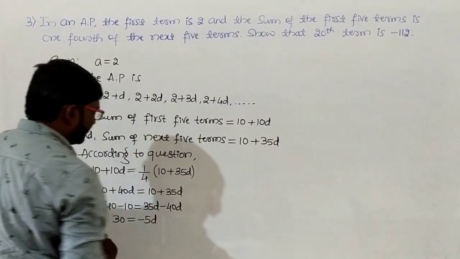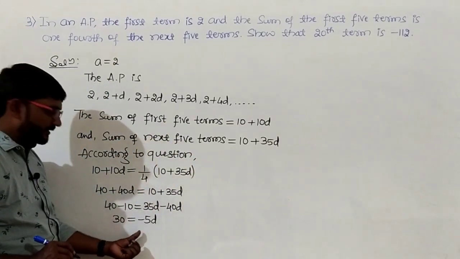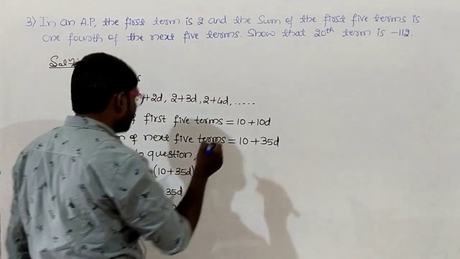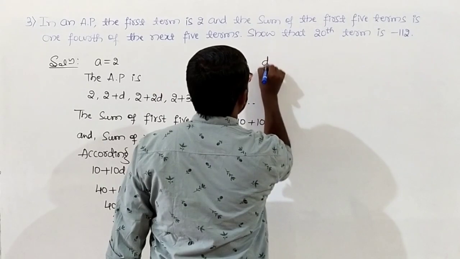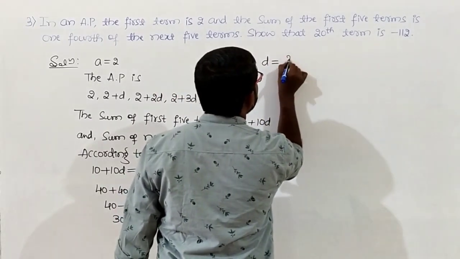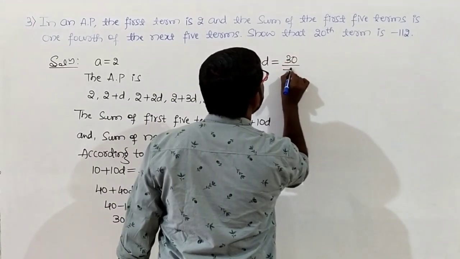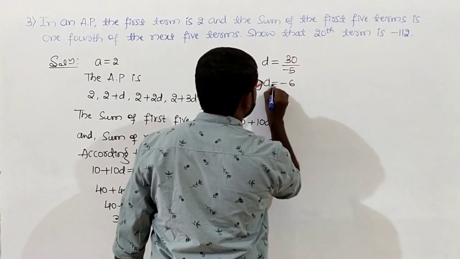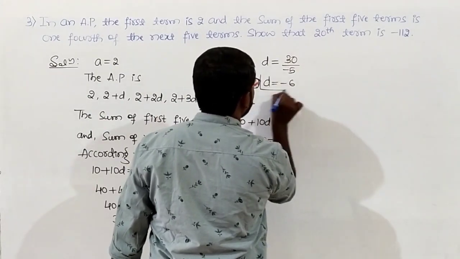So you get minus 5d. Now take minus 5 to the left-hand side, it goes to the denominator. That means d equals minus 6. Overall d equals 30 divided by minus 5, so d is minus 6. So you have got the value of d.